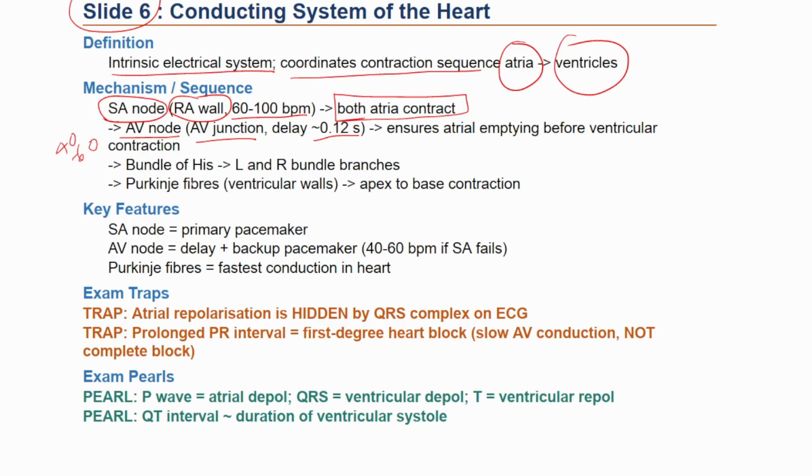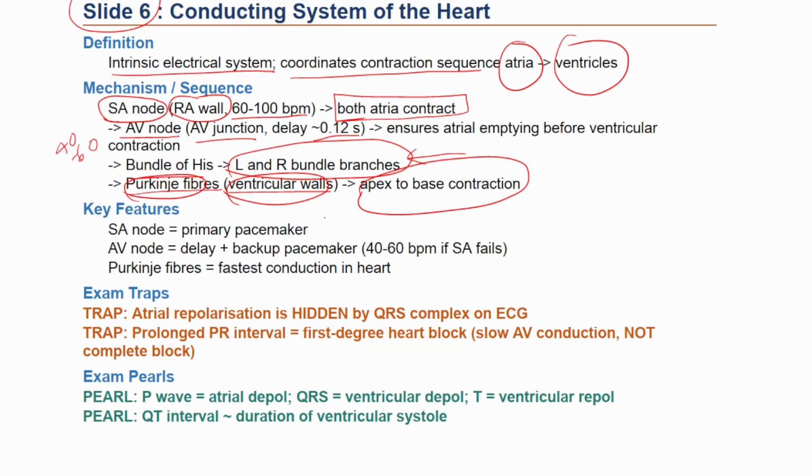The electrical signal moves from the AV node into the bundle of His, which quickly splits into the left and right bundle branches along the interventricular septum. Finally comes the Purkinje fibers. These fibers are distributed throughout the ventricular walls, and they provide the absolute fastest conduction velocity in the entire heart, driving a highly coordinated contraction that sweeps from the apex up toward the base.